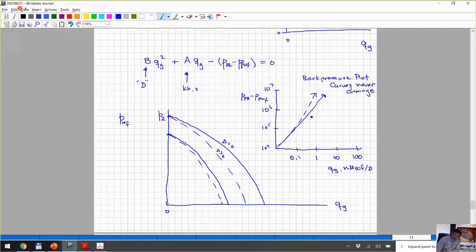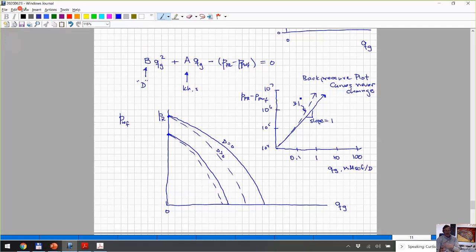And the slope of this line here is 1. And the slope of this line here is greater than 1, and could approach 2 in an extreme case.